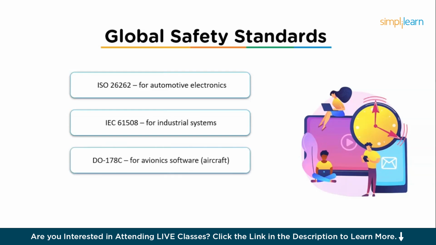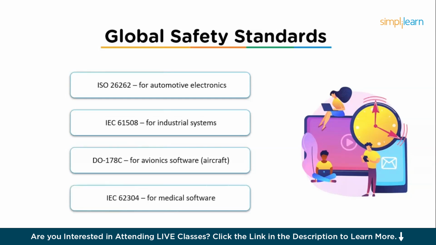Then we have DO-178C for avionics software in aircraft. Then we have IEC 62304 for medical software. These standards ensure that the system is designed, tested, and verified before it's used in the real world. For developers, this means writing cleaner code, testing rigorously, and documenting everything.